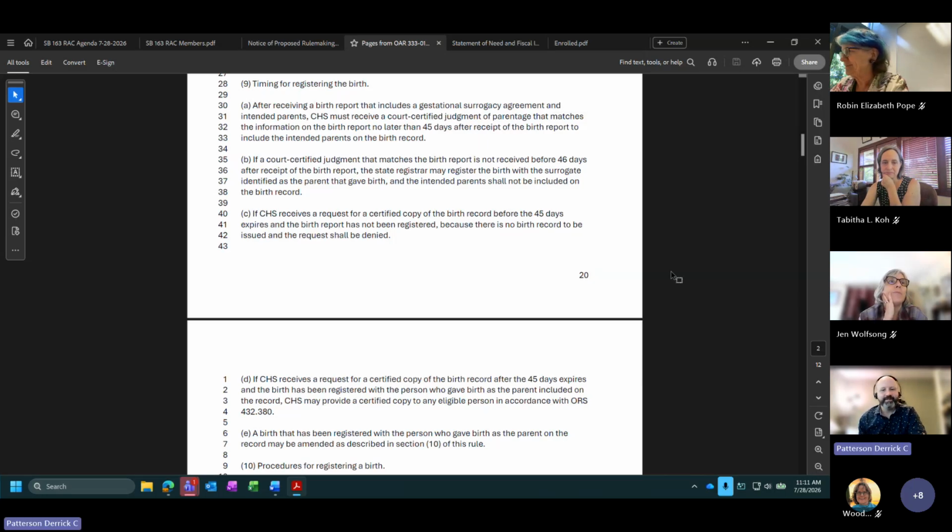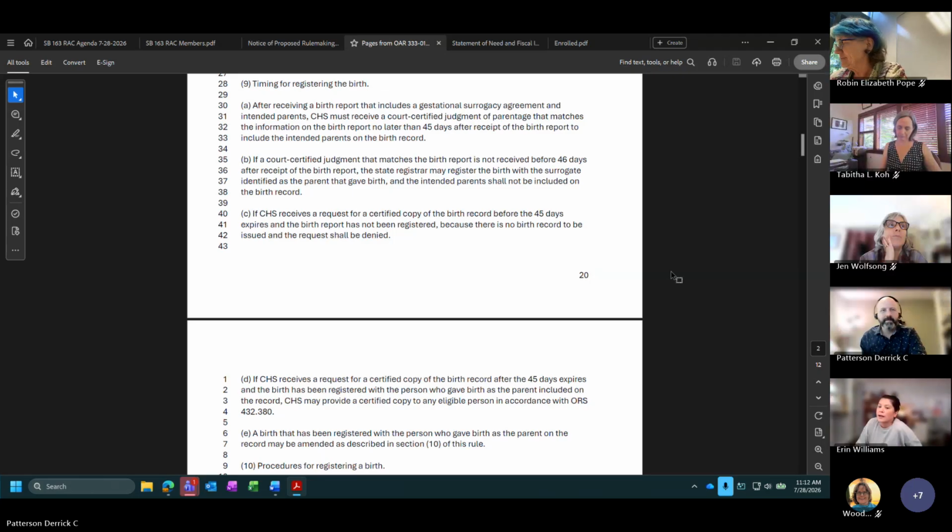Anything else for this section? Can I pose a question to the group since we have you here? This is Erin from DOJ. One of the other questions is, what do you do when you don't get the judgment? There's a policy benefit for a child to have a birth certificate, I think.